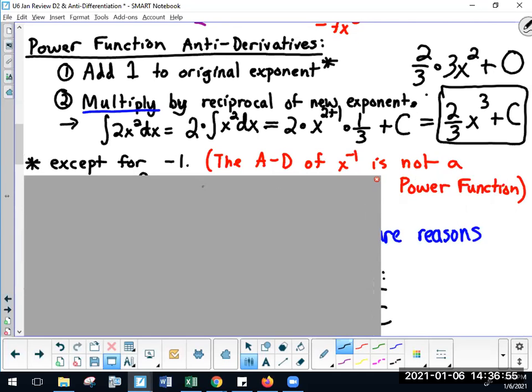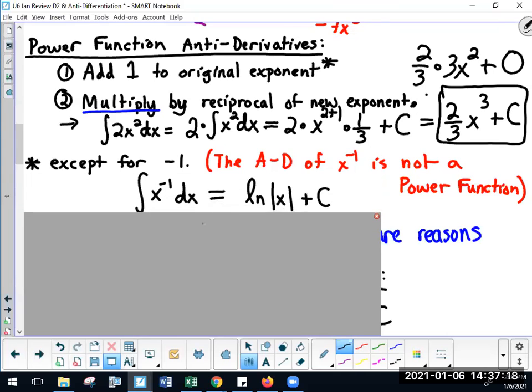This is the only exception. You will not follow the power function shortcut. You won't add 1 and multiply by the reciprocal. Think about that for 2 seconds. Exponent -1, add 1, multiply by the reciprocal. Yep, sounds bad. This is the shortcut.